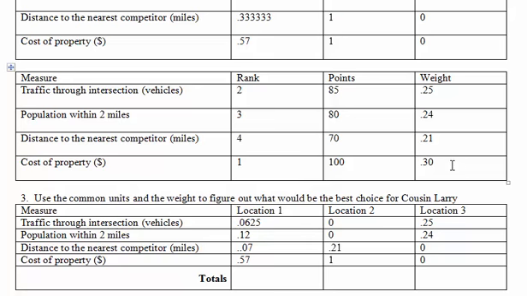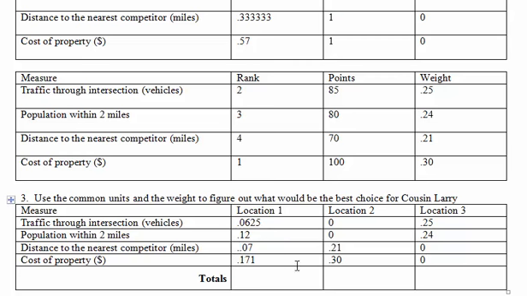And finally, same thing here. Cost of the property is worth 0.30 to Cousin Larry. So anywhere you see cost of property, you have to multiply the common unit by 0.30. So 0.57 times 0.30, 1 times 0.30, and 0 times 0.30.